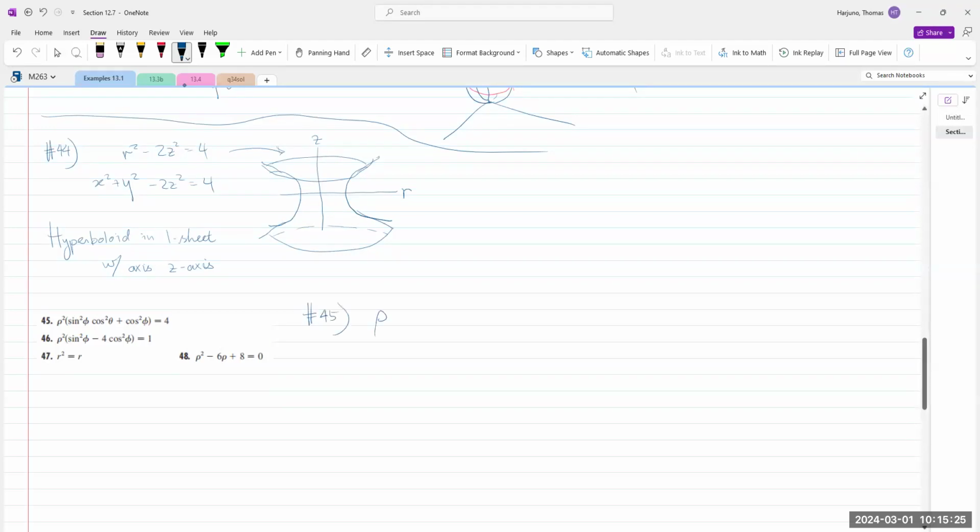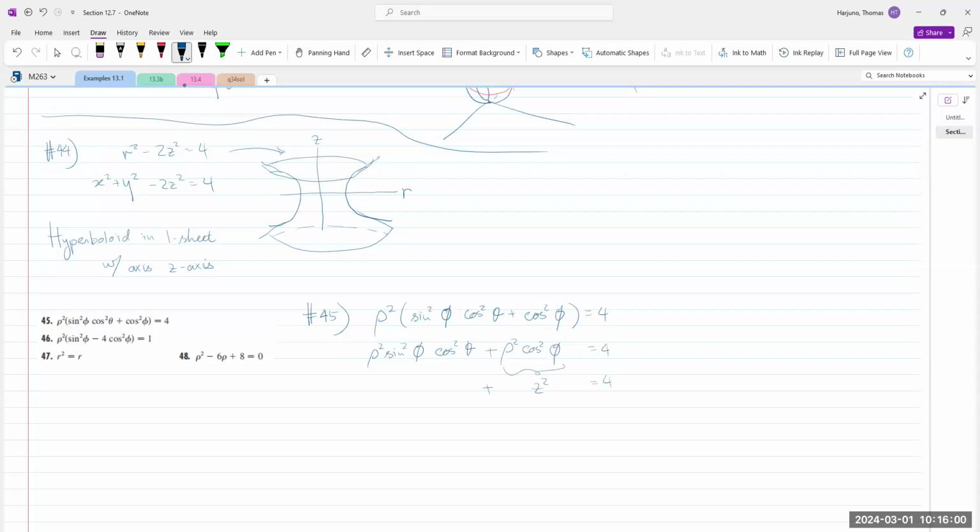We have rho squared sine squared phi cosine squared theta plus rho squared cosine squared phi equals 4. I know this is z squared, right?